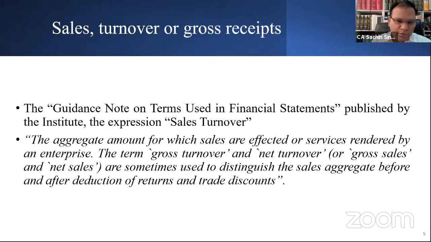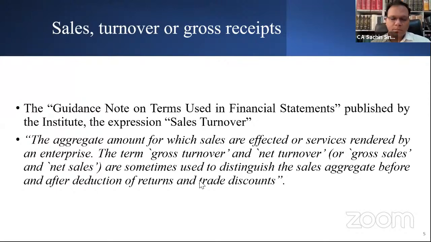We want to understand the meaning of sales. Aggregate amount for which sales are effected. So what is the meaning of sales? Again, it is not defining sales. The terms gross turnover or net turnover are sometimes used to distinguish the sales aggregate before or after deduction of returns or trade discounts.